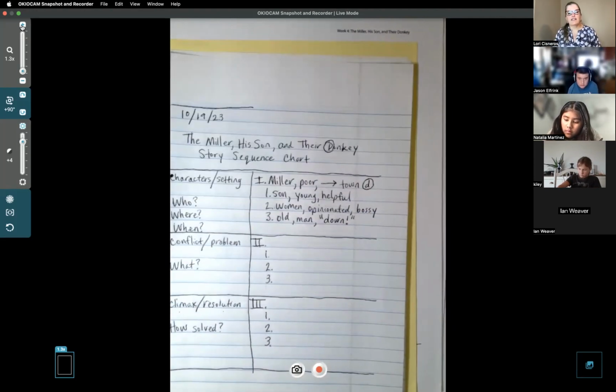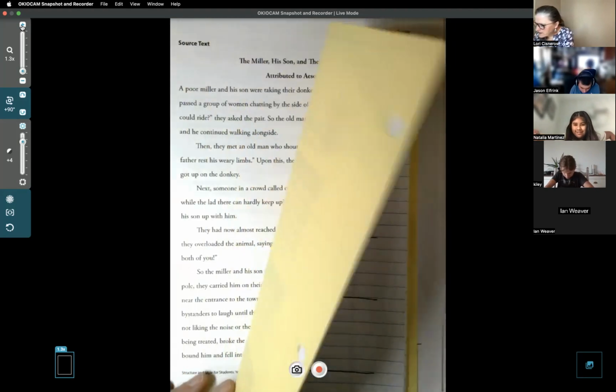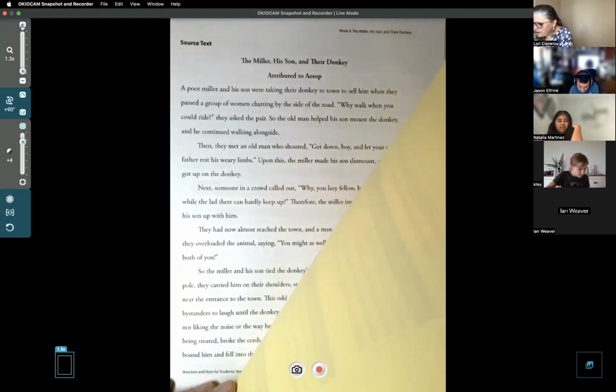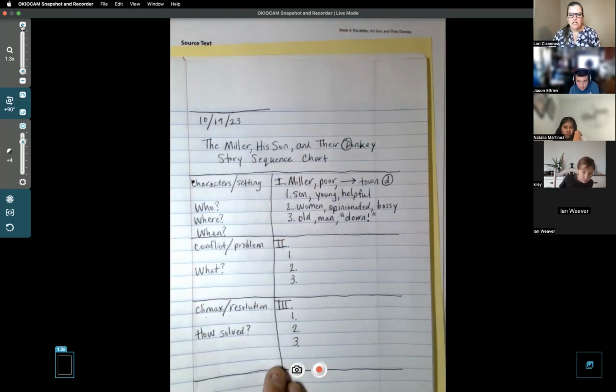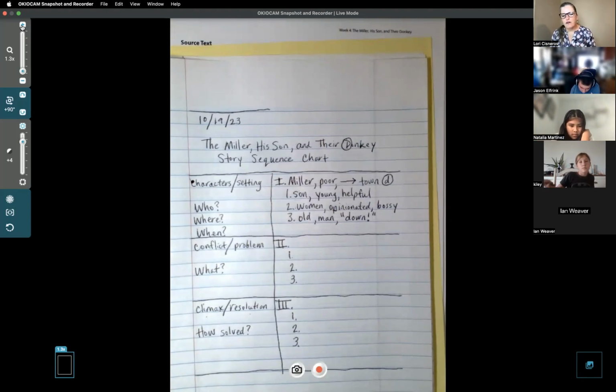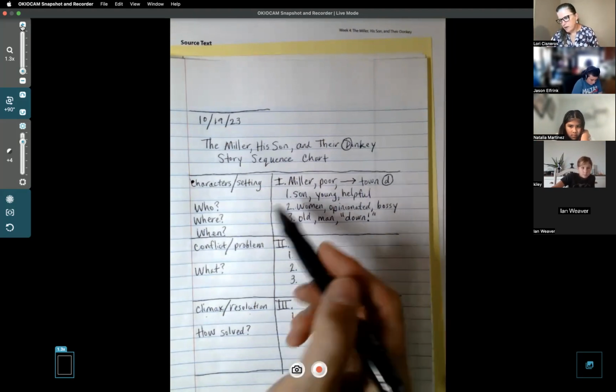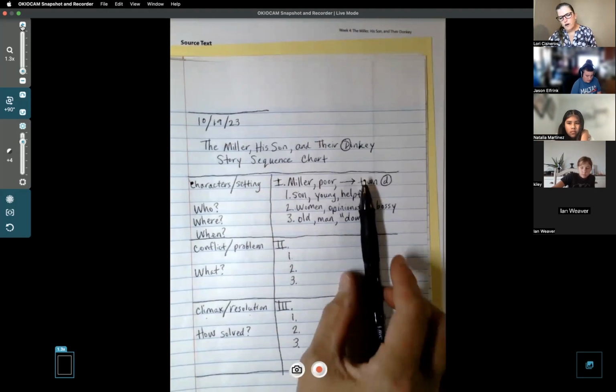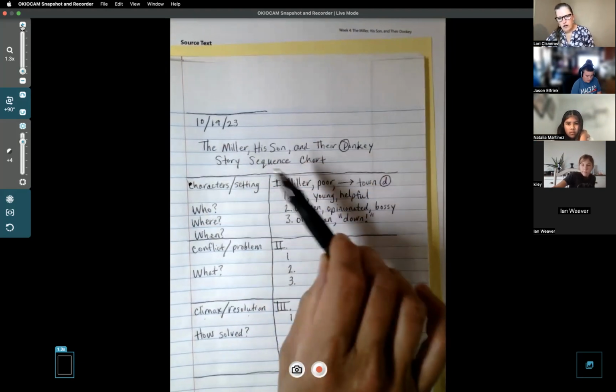So he comes in and says, get down and let your dad ride, right? Let's see. Get down, boy, and let your father ride. And by the way, when you're writing your story this week, you can go back and peek at the original to help you remember what's going on. These are just basically notes, and you're organizing by category here, by box.